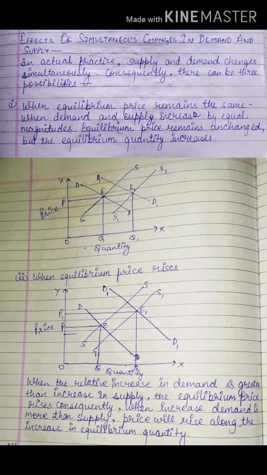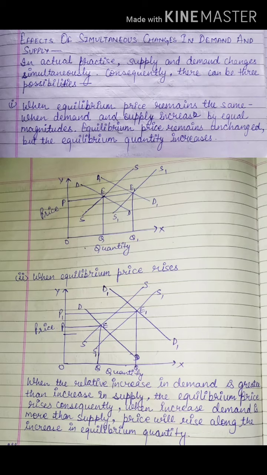Fine. Now the second condition. What is the second condition? When equilibrium price rises. What is the case in that? When the relative increase in demand is greater than the increase in supply. Here the demand increase is greater, so the ratio of change in demand is more than the ratio of supply. So the equilibrium price rises.